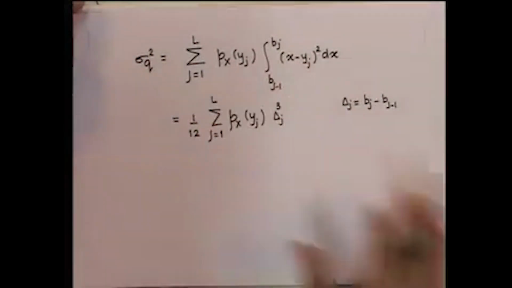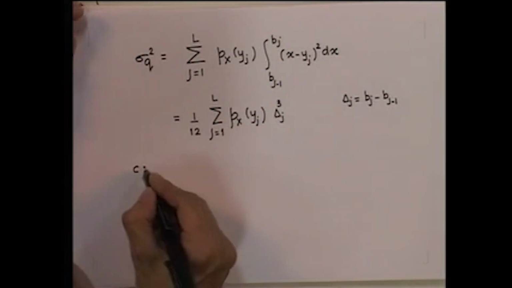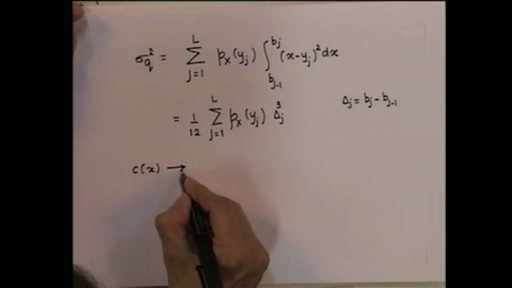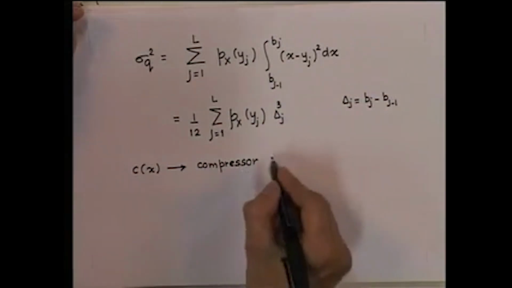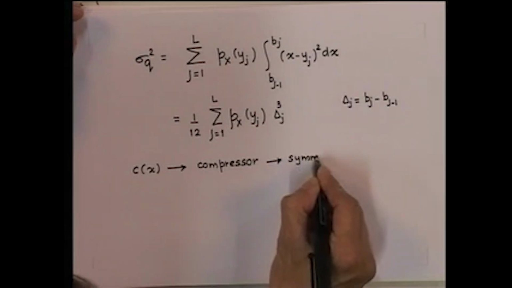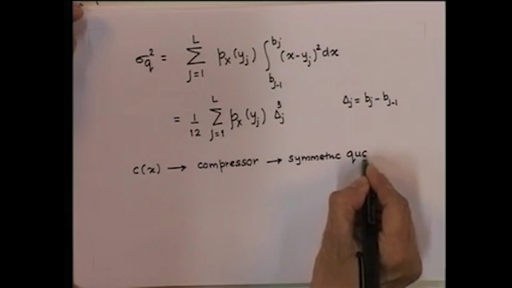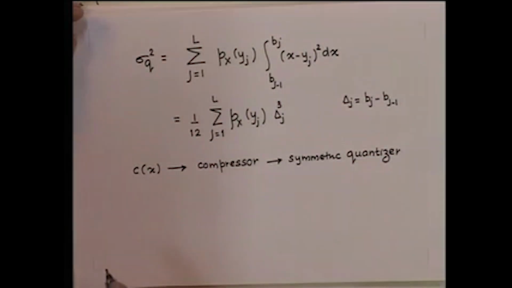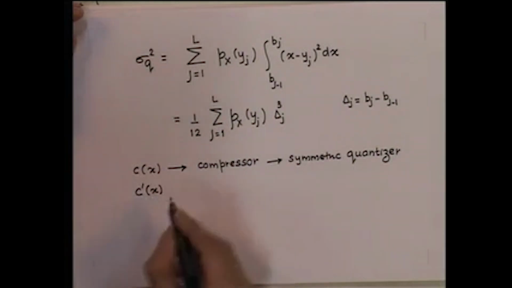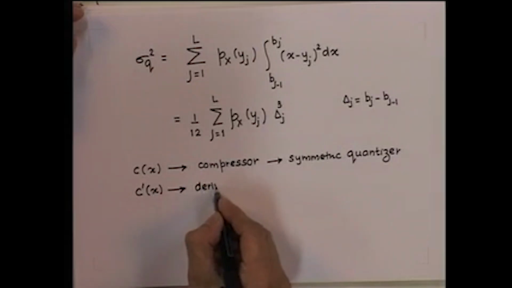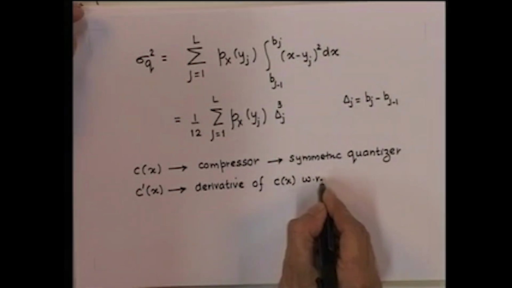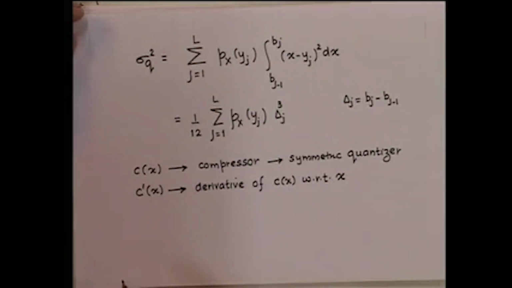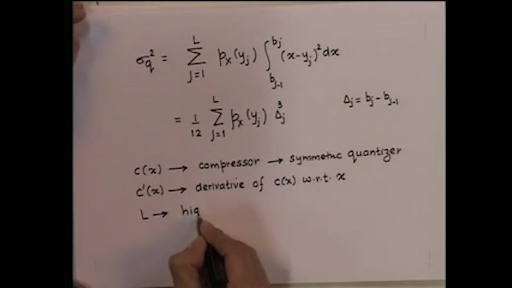Now, for the companded quantization, if we let C x denote the compressor characteristic for a symmetric quantizer, and let C dash x denote the derivative of C x with respect to x, and let us assume that the number of quantization levels, that is L, is high.